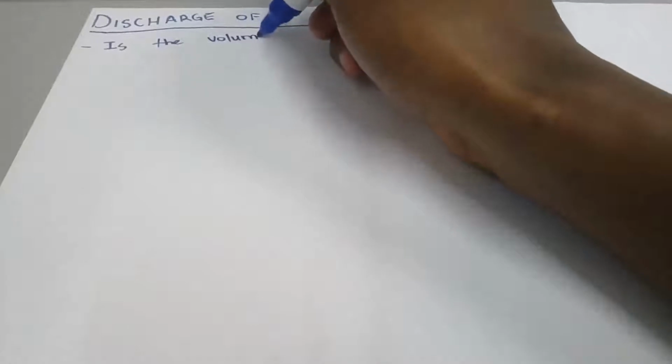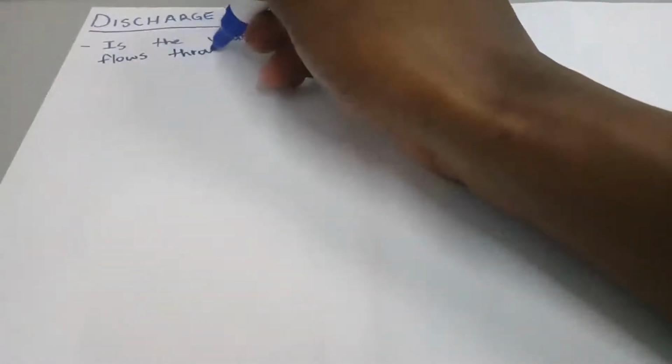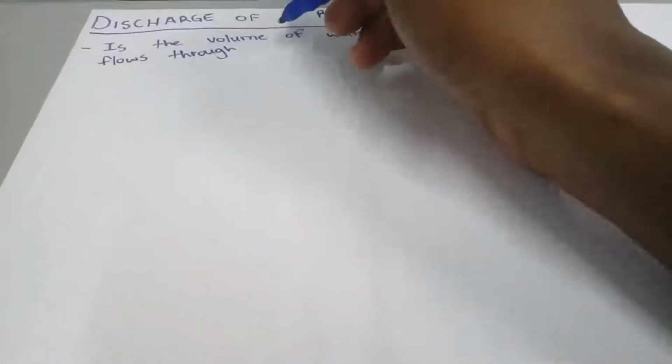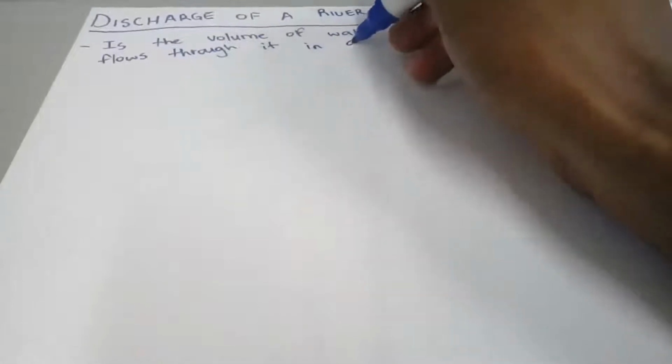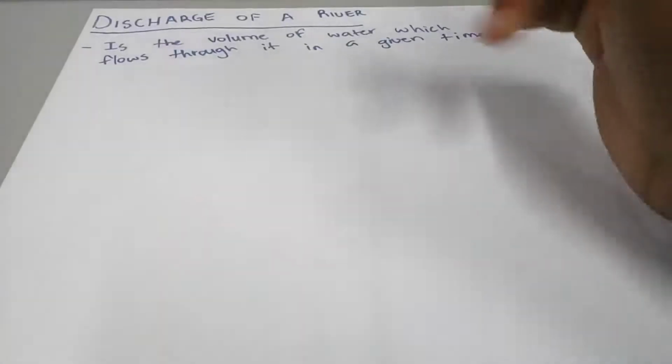Okay, let's just give a definition. Discharge of a river is the volume of water which flows through it in a given time.